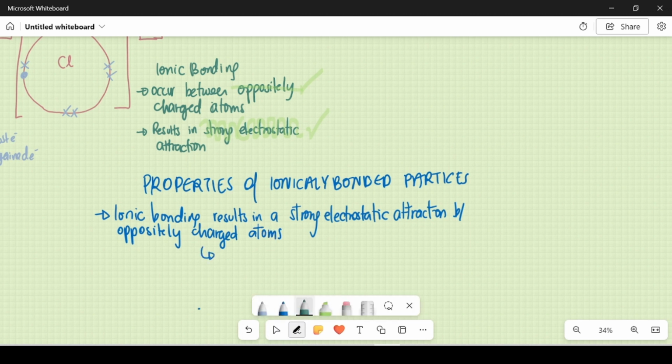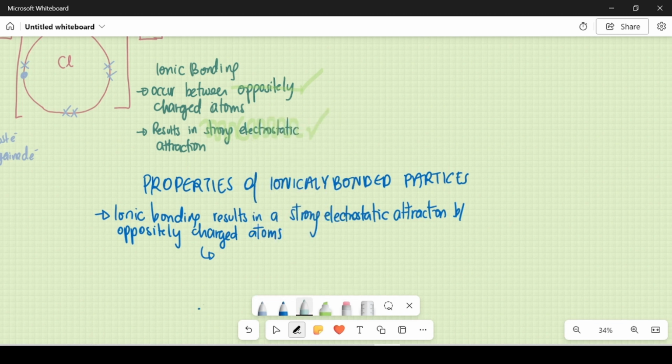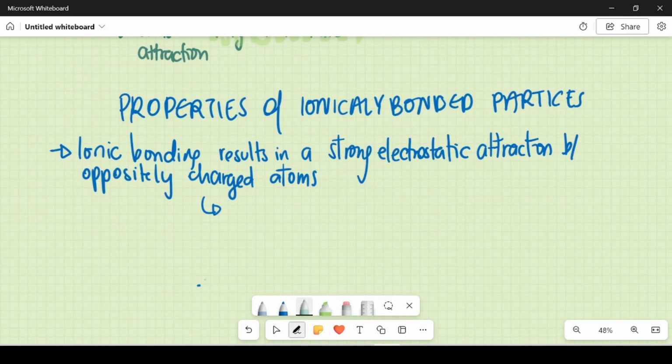Let's use that little cute green right there. Is it green? I'm guessing like a minty green. So because you have a strong electrostatic attraction between oppositely charged atoms, they have very high melting point and boiling point.